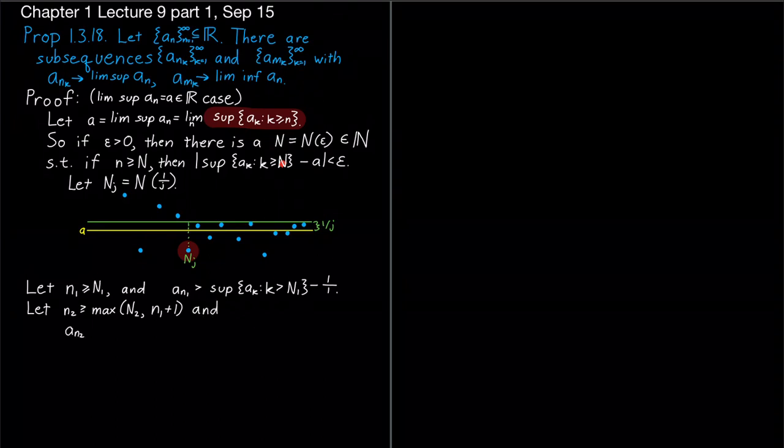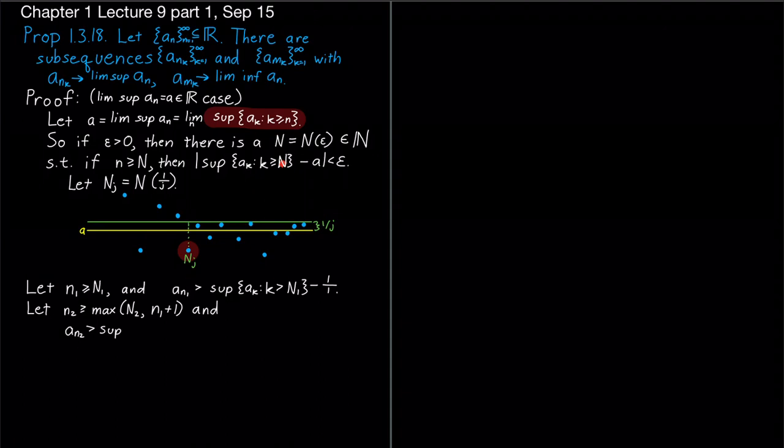And a sub n2 is greater than the supremum of the a_k's, where k is greater than, let's use the same number, or the maximum of n2 and n1 plus 1, minus a half.